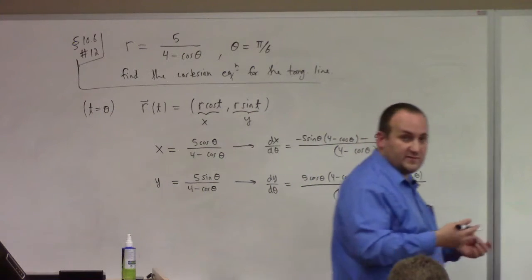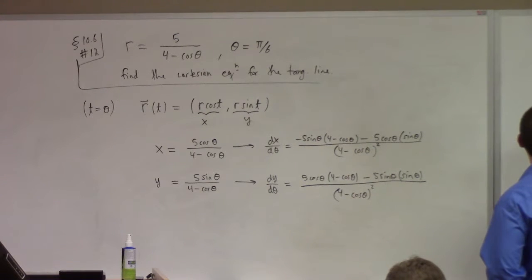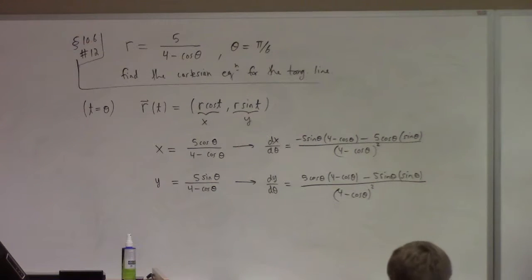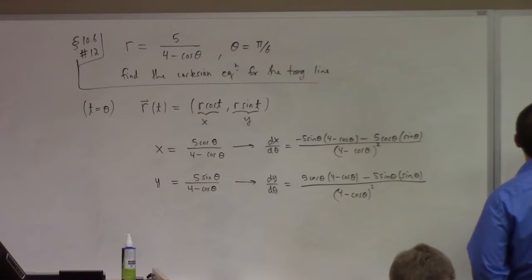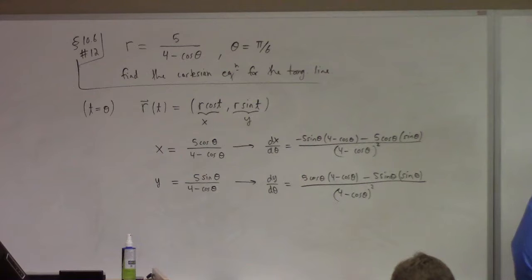Now I need to evaluate these at pi over what? Pi over 6, right? So now evaluate dx d theta and dy d theta at theta equals pi over 6. See what we get. So we got sine of, let's see here.